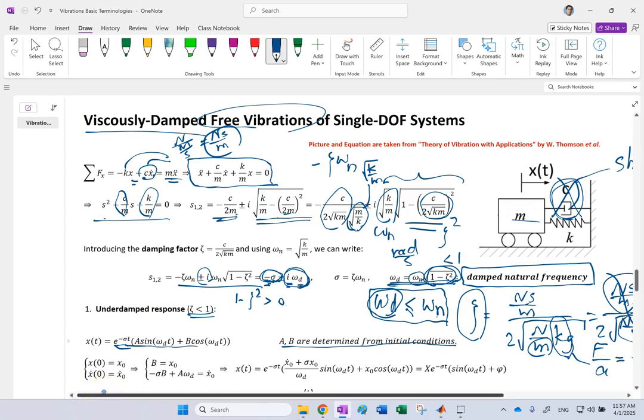But look at this kind of response. What kind of response is that? This response is clearly a harmonic response where the frequency of the oscillation is omega d, not omega n. That's why we call omega d damped natural frequency, the frequency of vibration when you have damping, and there is attenuation in the amplitude.